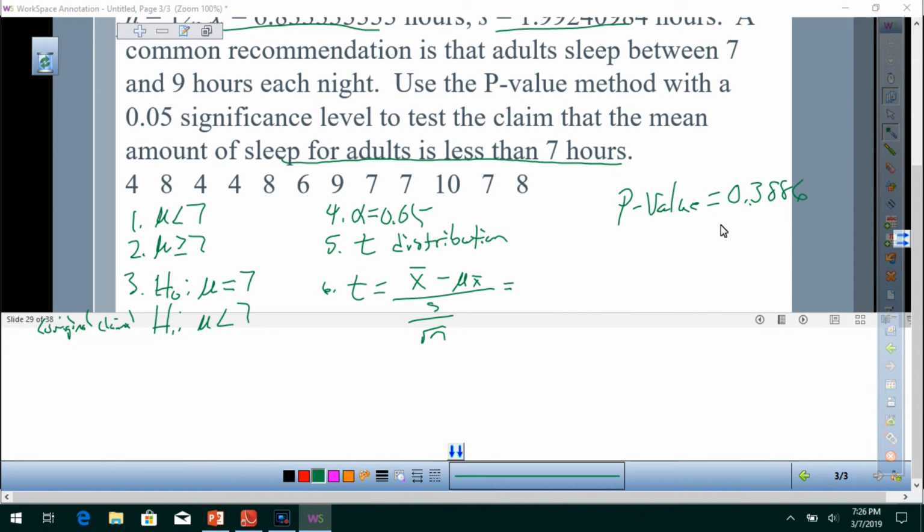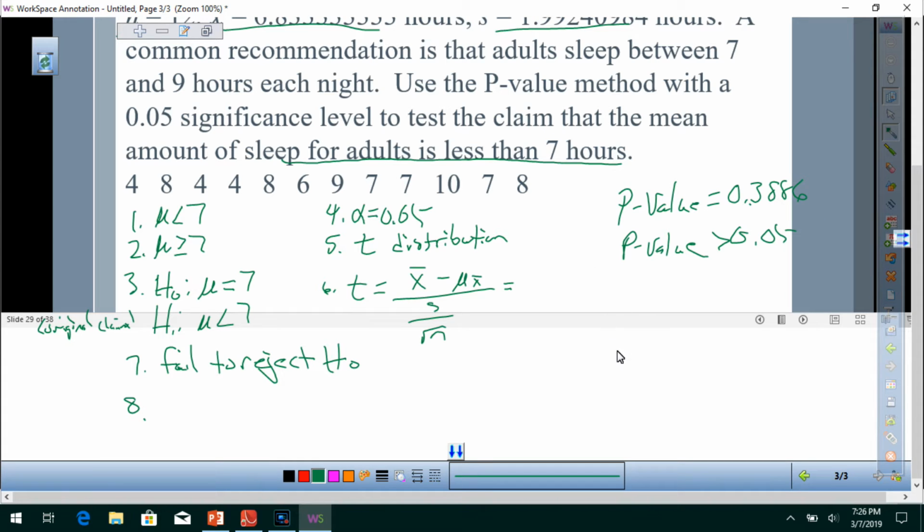What do we know? Well, we know our p-value is greater than 0.05. So step 7, we fail to reject the null hypothesis, and then step 8.